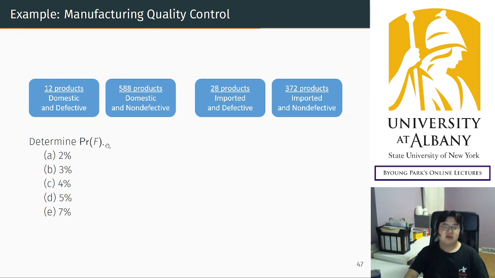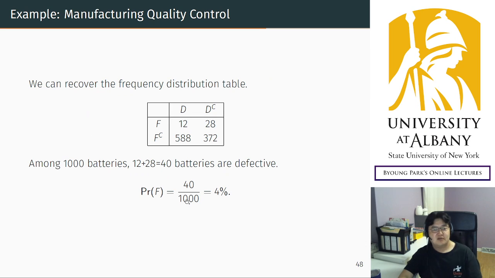And now we are interested only in whether it is defective or not. What is the probability? Try this. Pause the video and try this. 3, 2, 1.